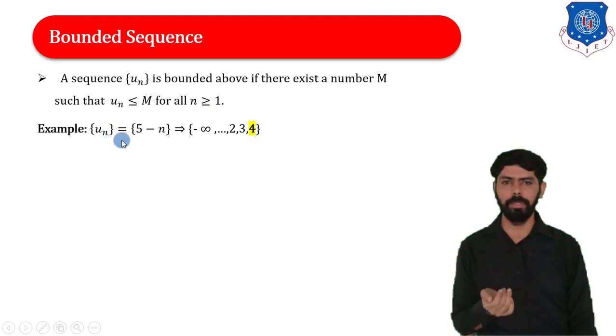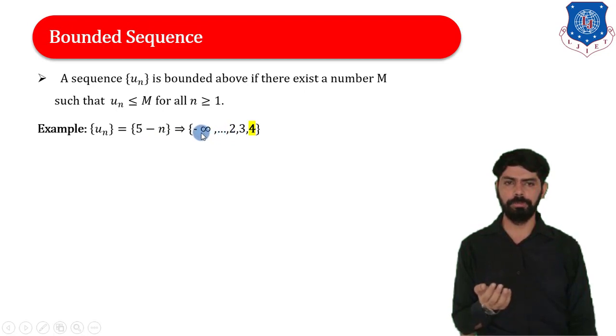For example, un is equal to 5 minus n. Here if we put different values of n starting from 1, then for n equal to 1, 5 minus 1 will be 4. If n is equal to 2, 5 minus 2 will be 3. If n is equal to 3, 5 minus 3 will be 2.